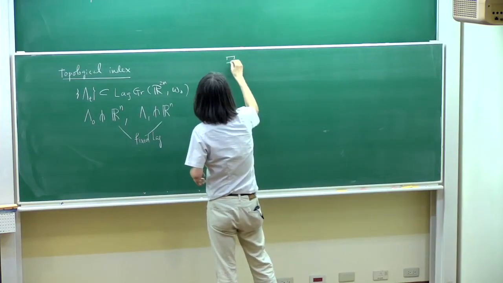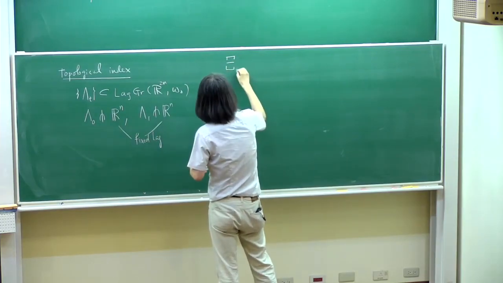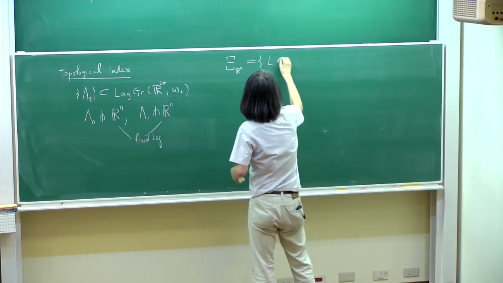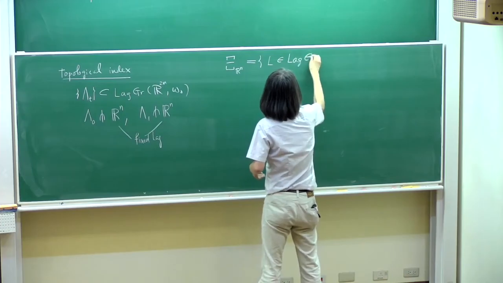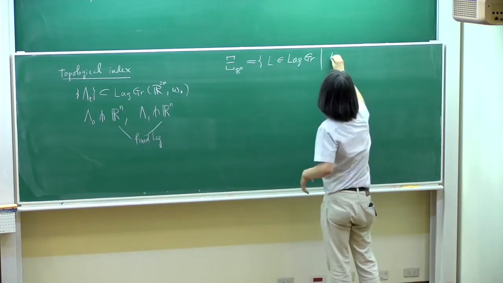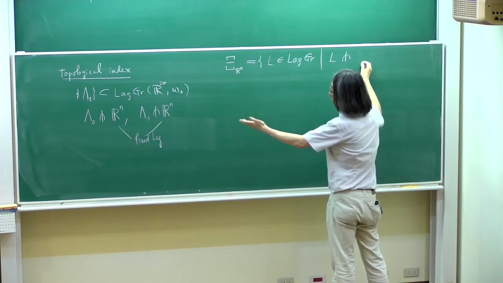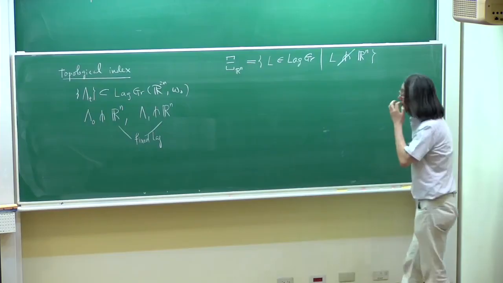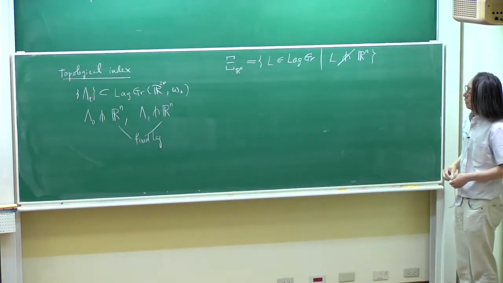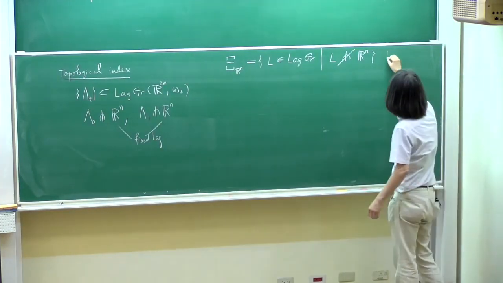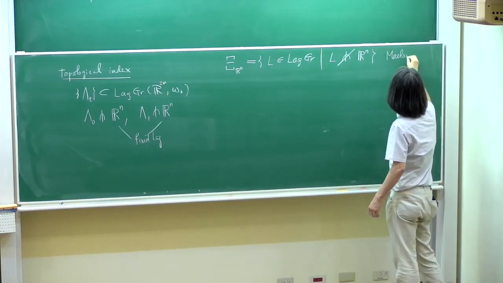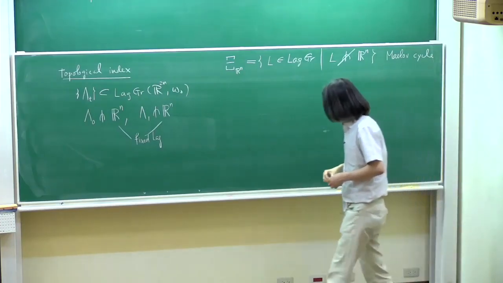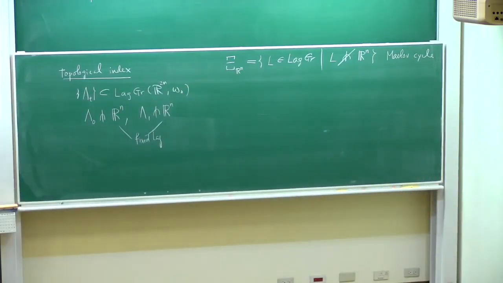Maybe I denote by sigma the set of subspaces that are not transversal to this fixed Rn. This is the so-called Maslov cycle, a codimension 1 cycle. I want to explain how it is.